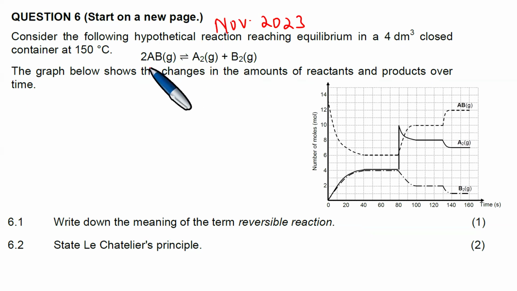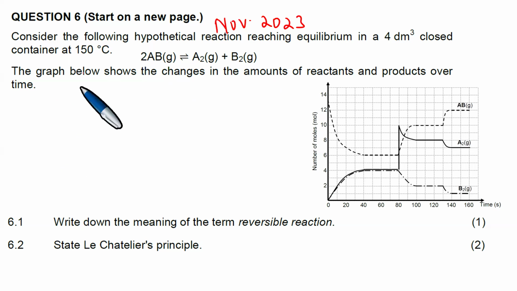You have 2 moles of AB gas, which break down and undergo dissociation into A2 gas plus B2 gas. All these are gases, in the gaseous state.